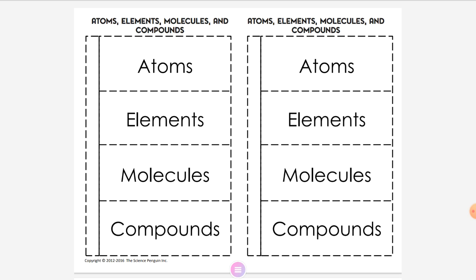Okay, so first, open your notebook to this foldable. It should be glued in there. That was your homework one day last week. It doesn't need a title. It's okay. Also, locate your science vocab cards that we made last week.